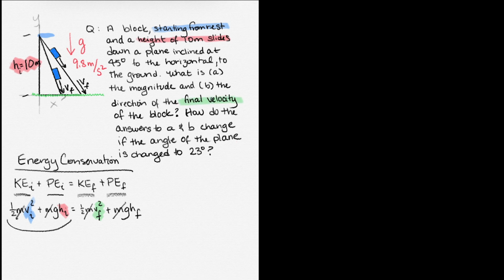This is not a known from the text, but this is actually what we're going to be solving for. So we would call this the unknown. And the last piece that we have is h sub f, which is our final height. And our final height is down here at the grass, where it's reached the ground. We can make a list of these known and unknown values.